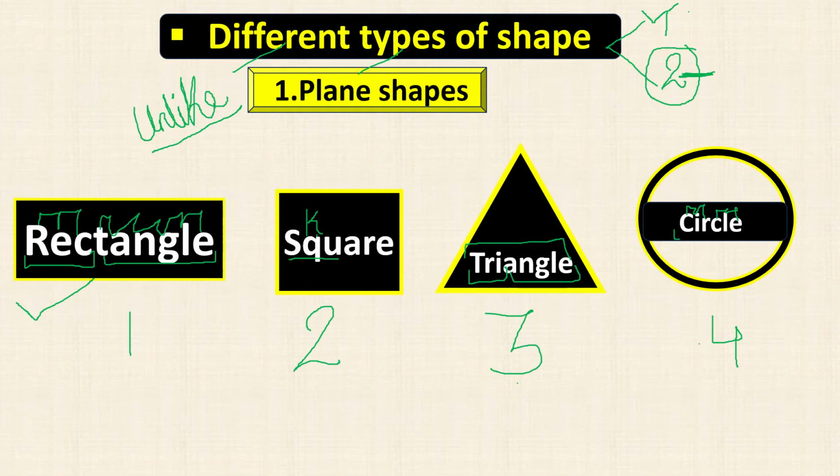We call it a circle. Clear? Hope all the points are clear. So in plane shapes, we consider four shapes: first one is a rectangle, second one is a square, third one is a triangle, fourth one is a circle. Clear? Yes, definitely you got it.